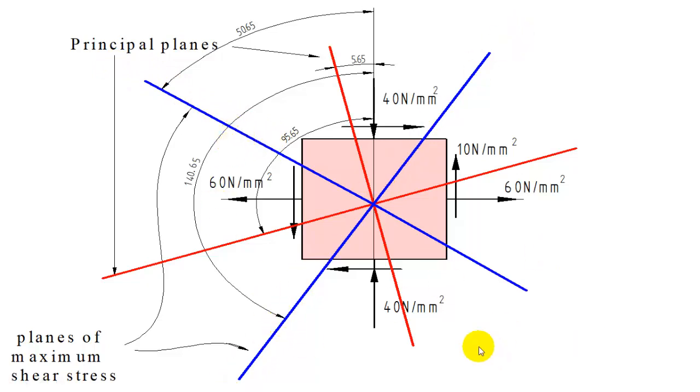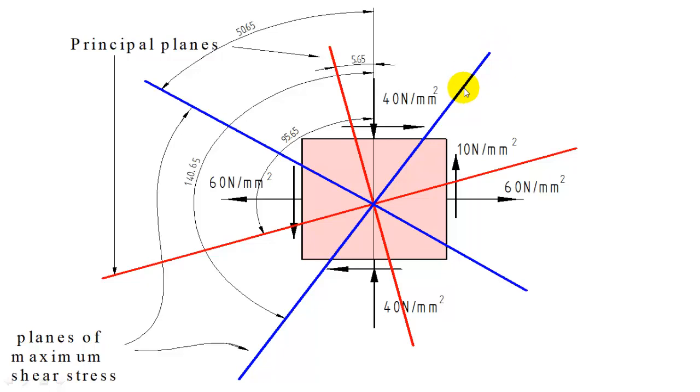So I have shown the planes on the sketch. The red lines show principal planes and blue lines show planes of maximum shear stress. I have shown the angles also. All angles are marked from the vertical in the counterclockwise direction. If marked clockwise, it is negative.